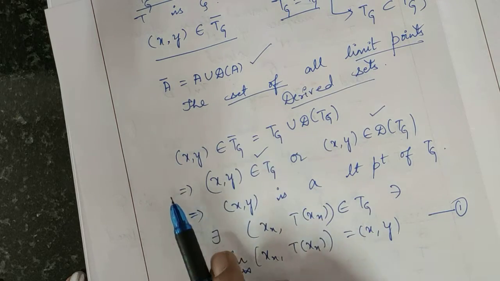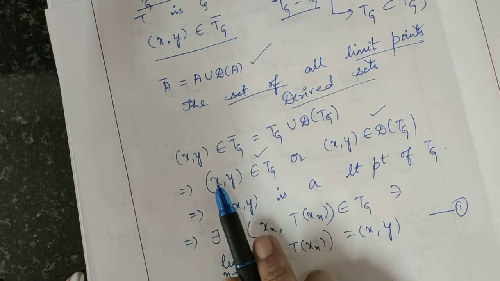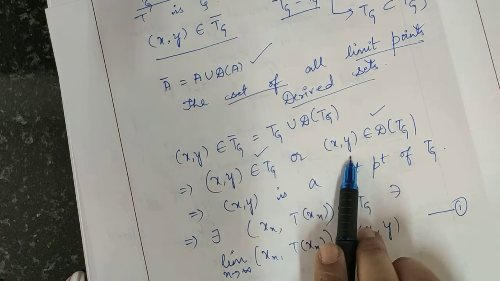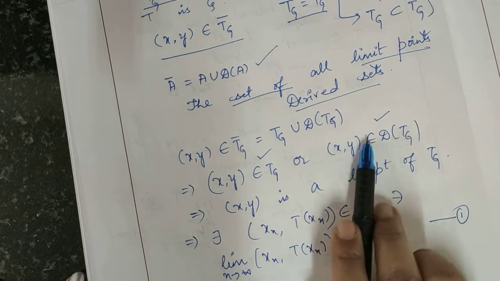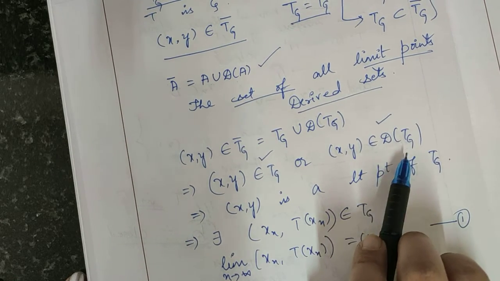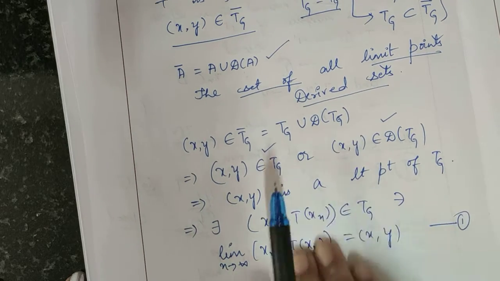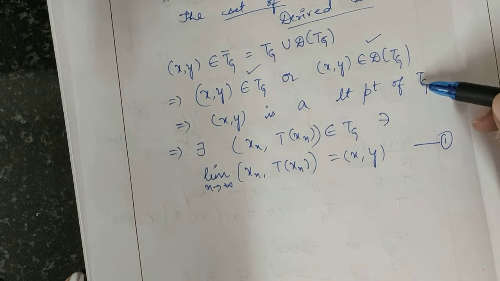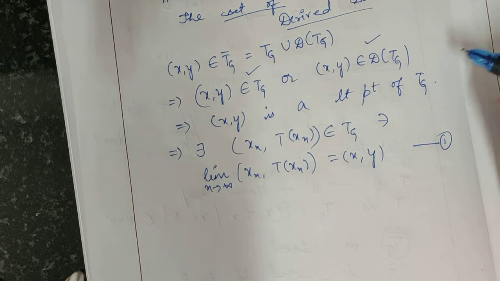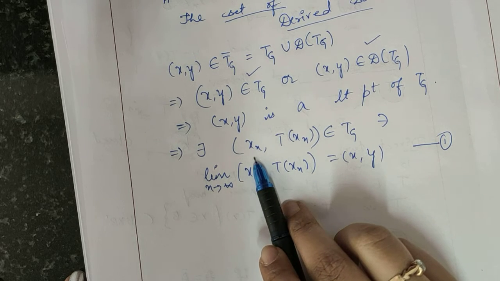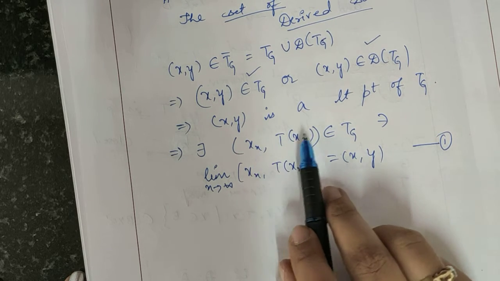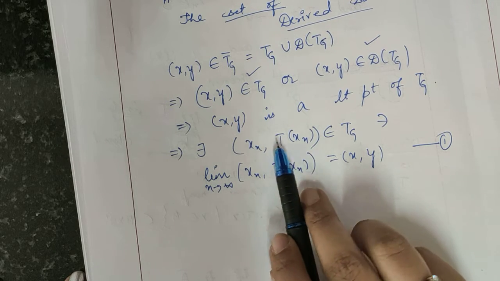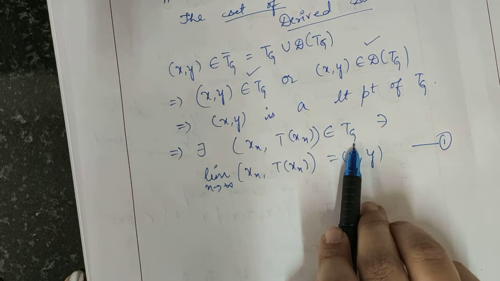So using this concept, I can write (x, y) belongs to TG or (x, y) belongs to D of TG. D of TG is nothing but the derived set of TG. So from these two we can conclude that (x, y) is a limit point of TG. If it is a limit point of TG, then obviously there exists a sequence. The sequence we considered is (xn, T of xn), which belongs to TG.